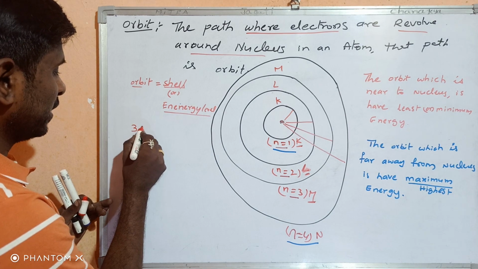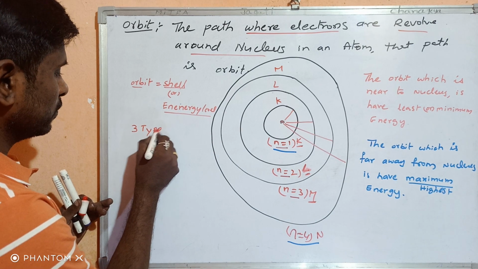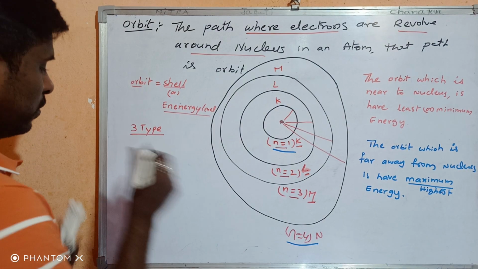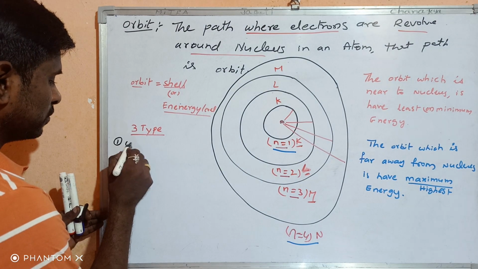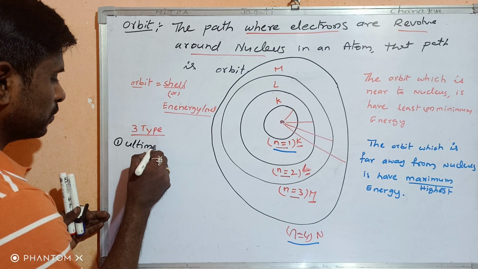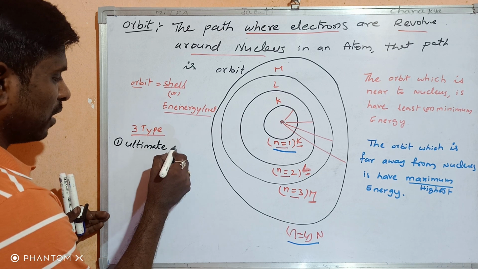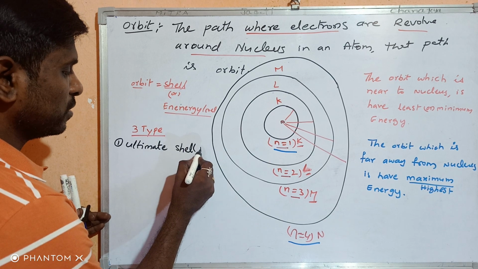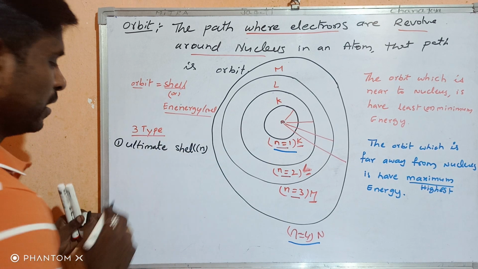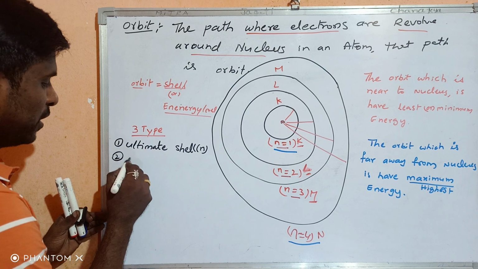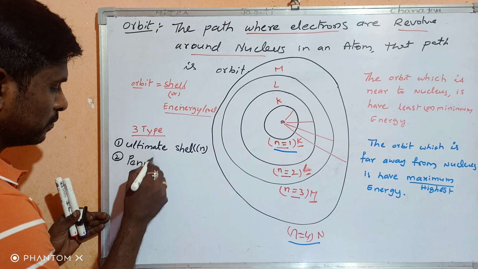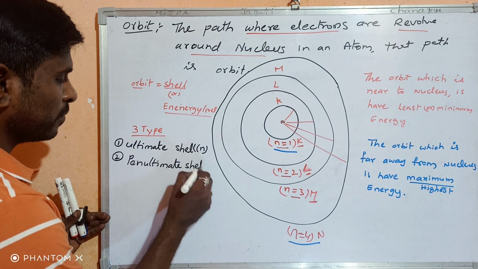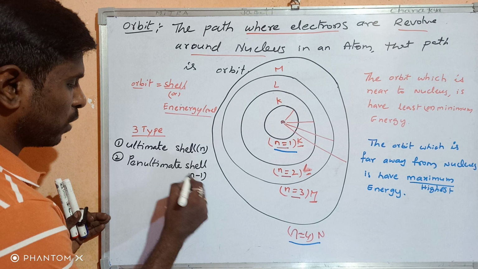Shells are classified into 3 types. Those are: 1, the ultimate shell or orbit, which indicates n. Next, the penultimate shell, which indicates n-1.